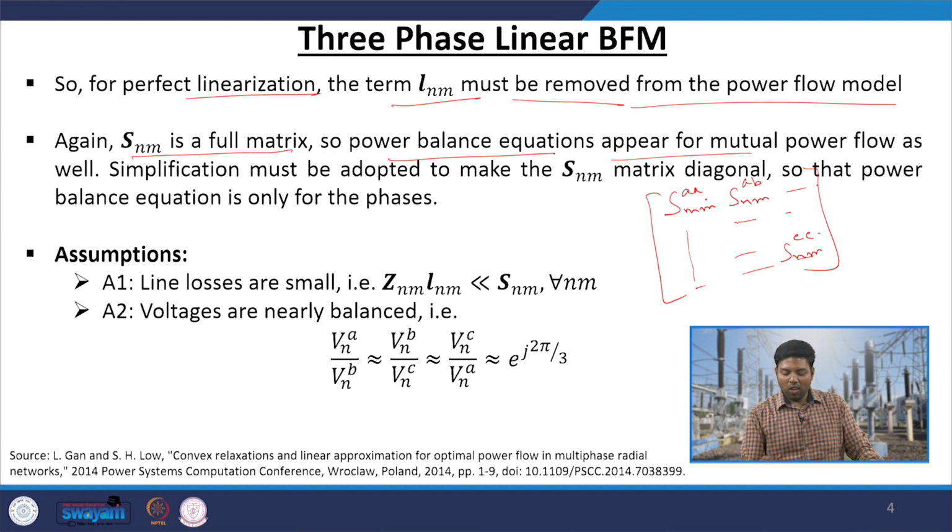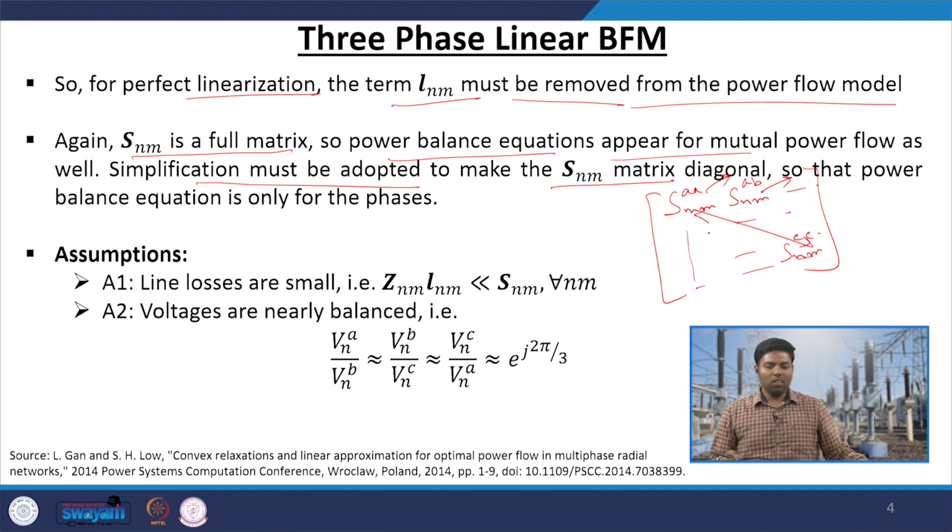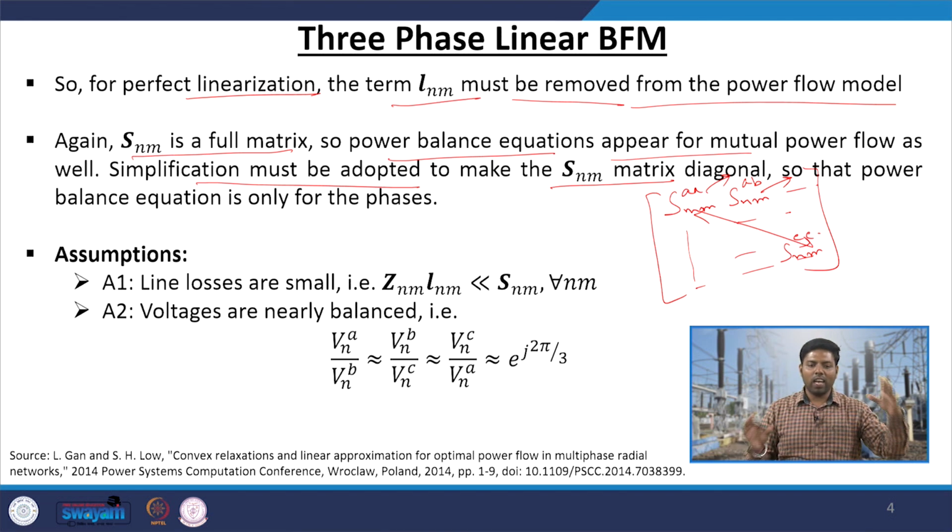That means you have to put the mutual power flow balance equation as well. Those are redundant values. You do not need those equations actually, because mutual power flow balance is not required. So simplification must be adopted so that this matrix will become diagonal, as we have done in the non-linear case as well. That is, you will only get the diagonal element for the power balance.